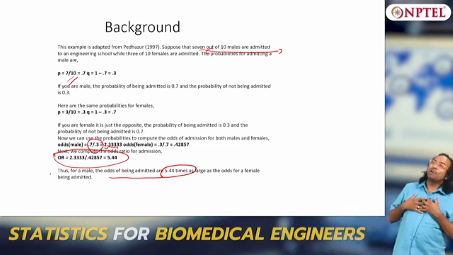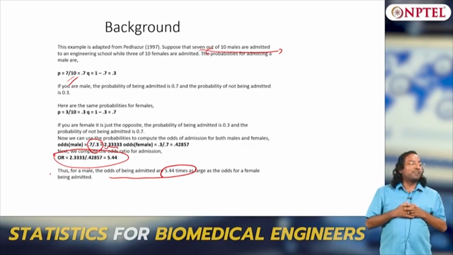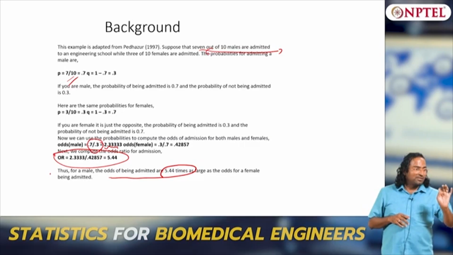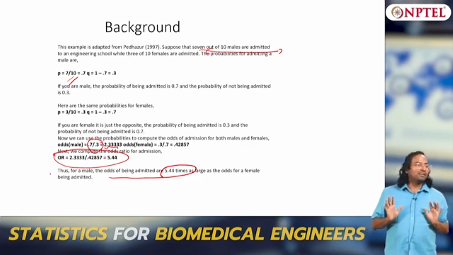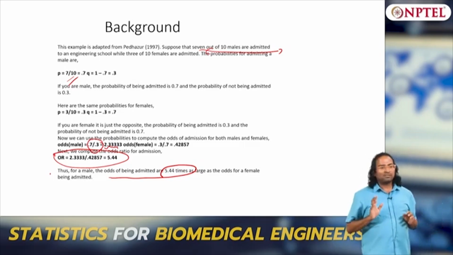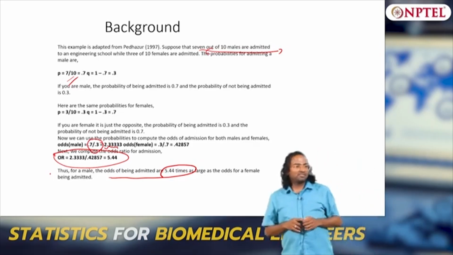I want to know how many times compared to a male the chances of a female getting admitted. So there is a 5.5 times, at least 5 times, chance higher for a male compared to a female getting into the college as per this data.